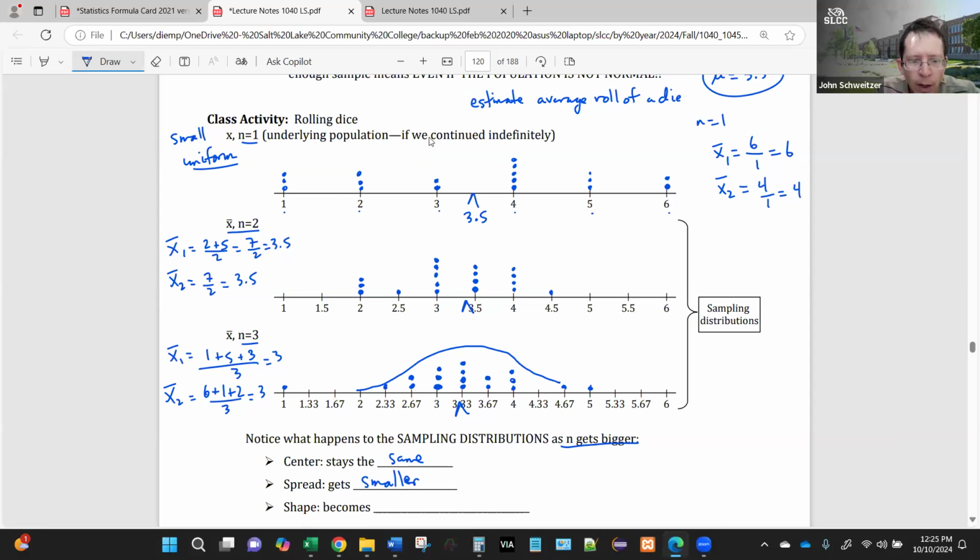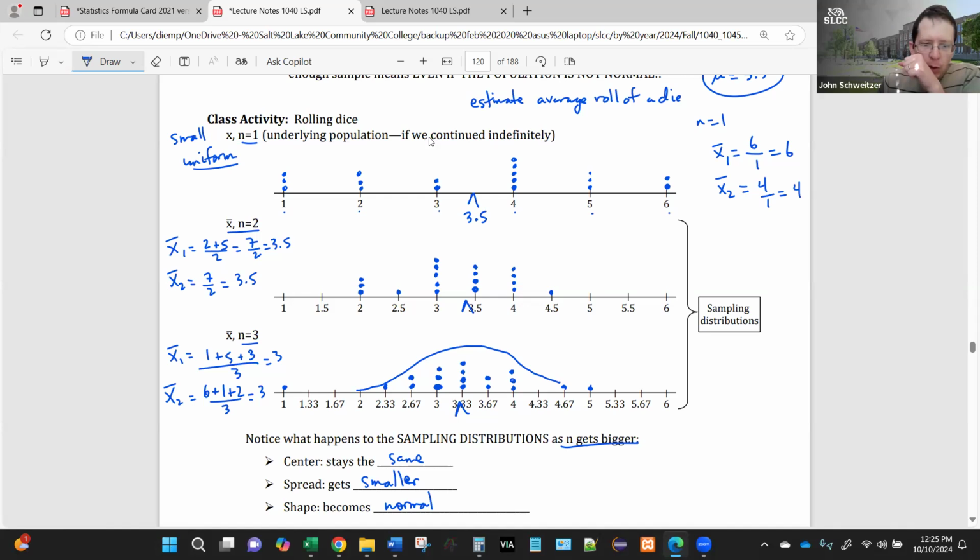And the same thing here. And finally, the shape becomes approximately normal. So this is the central limit theorem applied to sample means. And it's extremely important. It means we can now use the normal distribution to make predictions about X bar. Okay, good. So let's do some practice problems.